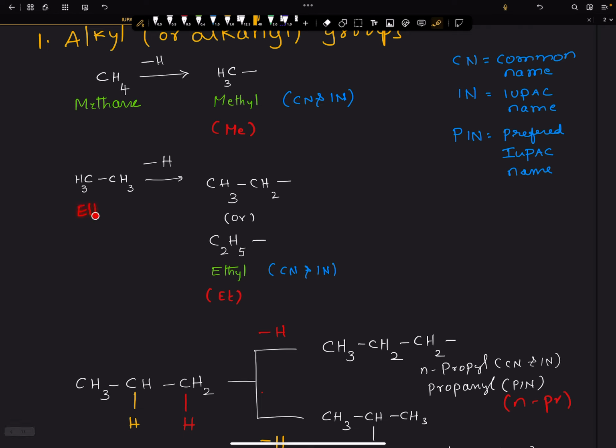This is the ethane molecule. When one hydrogen is removed from ethane, we get CH3CH2, or we write the condensed unit C2H5. This substituent is called ethyl. This is both common and IUPAC name. Sometimes it is simply represented by writing Et.